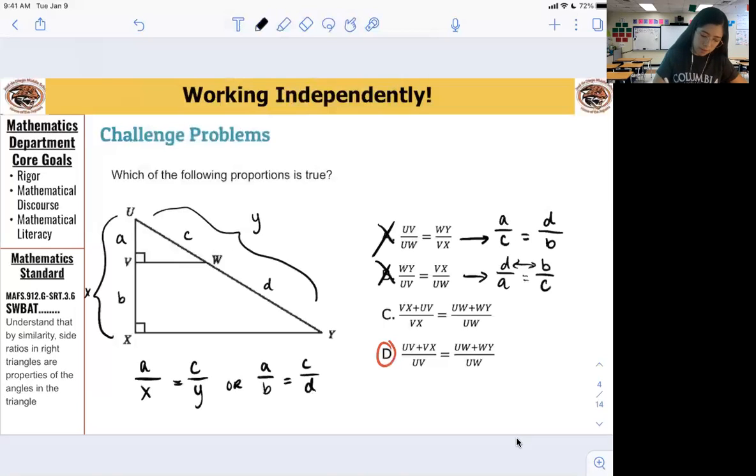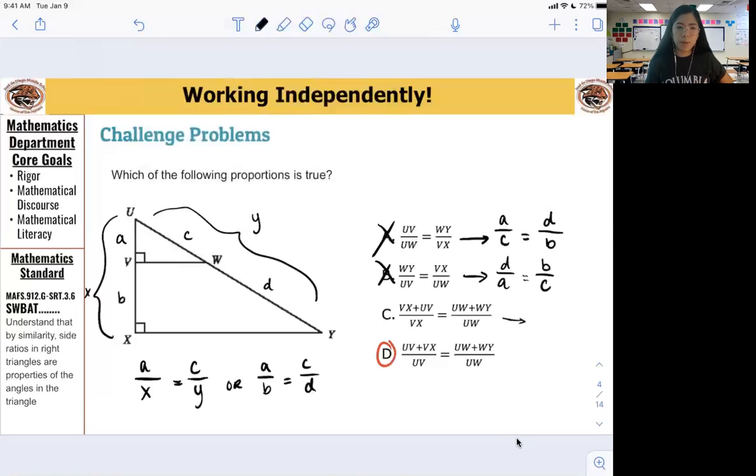C. What did they attempt to do here? So VX and UW.